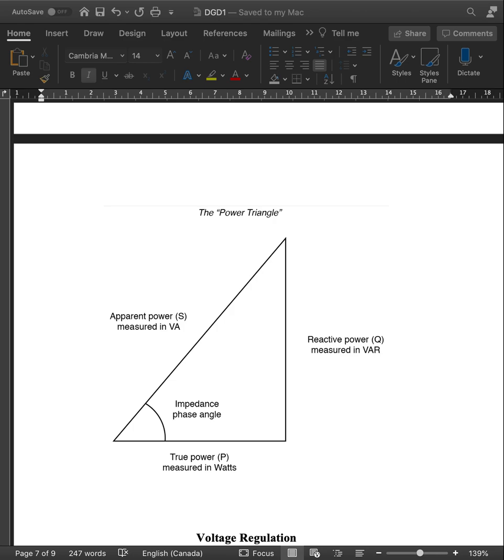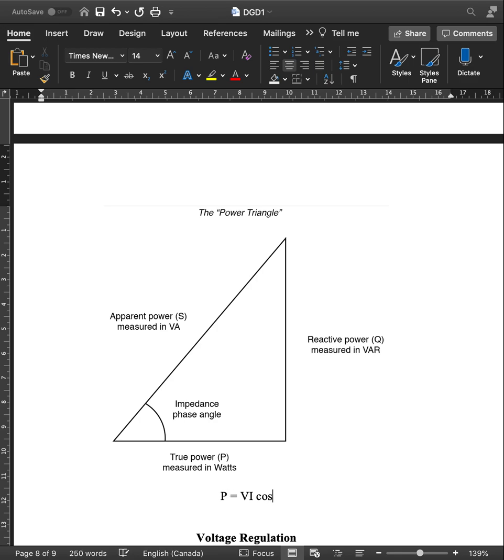Here, this true power can be written as P equal to V times I times cos of the angle in the middle. The impedance phase angle can be calculated using this formula.